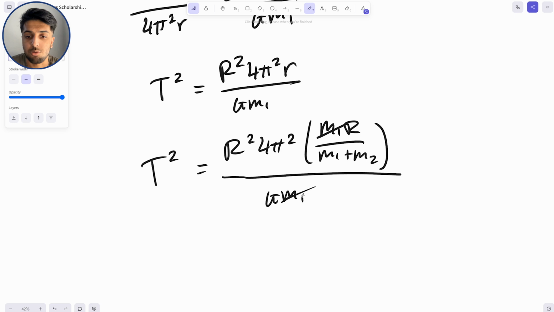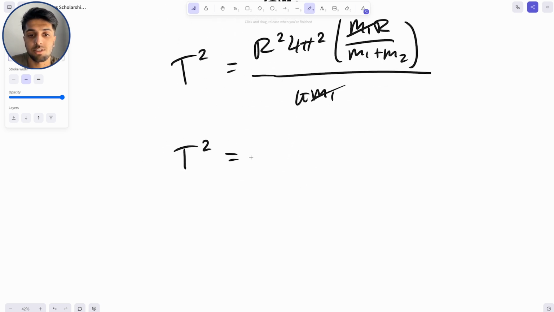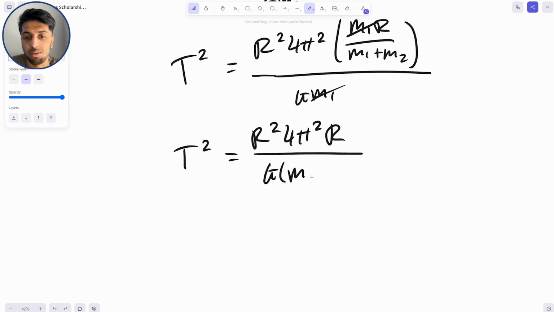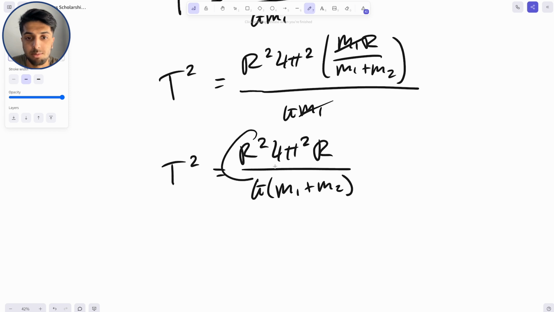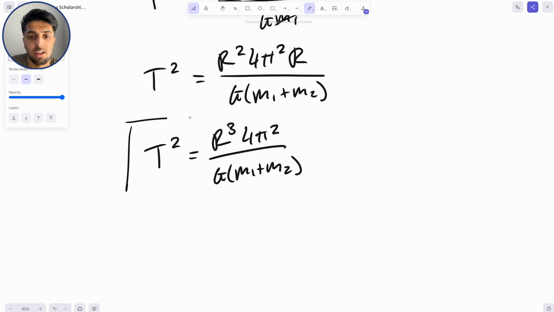Now we can cancel out these two m1s as they're both on the top and bottom, and we get t squared is equal to R squared 4 pi squared R all over G m1 plus m2. Now this can be simplified by taking the like terms of both R's, and we finally get t squared is equal to R cubed 4 pi squared all over G m1 plus m2. And that is our final equation.